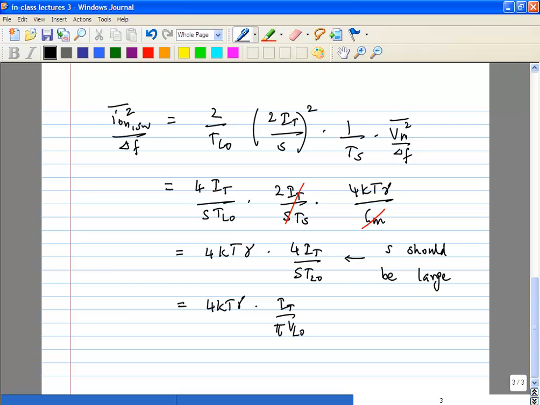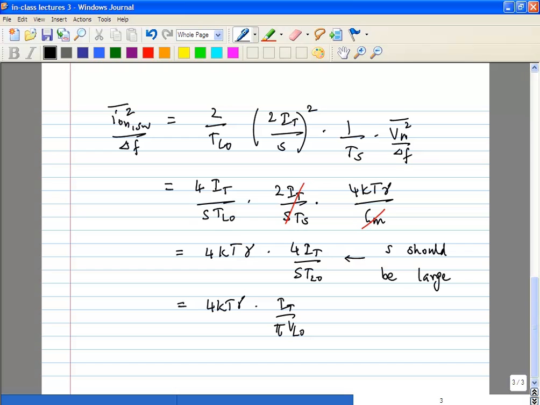It does not depend on how you size the switch. The reason is, let's say you double the size of the switch. The current noise goes up, but the input referred noise actually goes down as you make the switches larger.